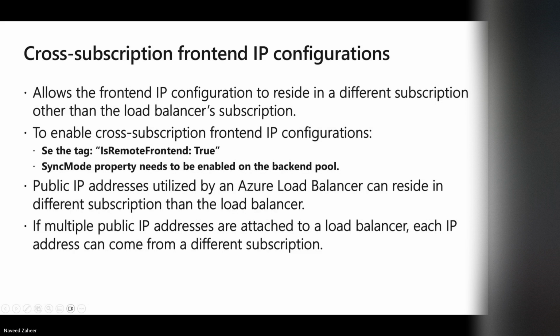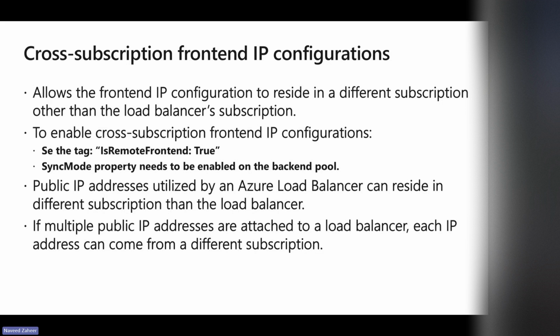And that is one of the requirements that is needed for this to work. The second thing is the sync mode property on the backend pool has to be enabled, and we will talk about the sync mode property and what it does in a second.